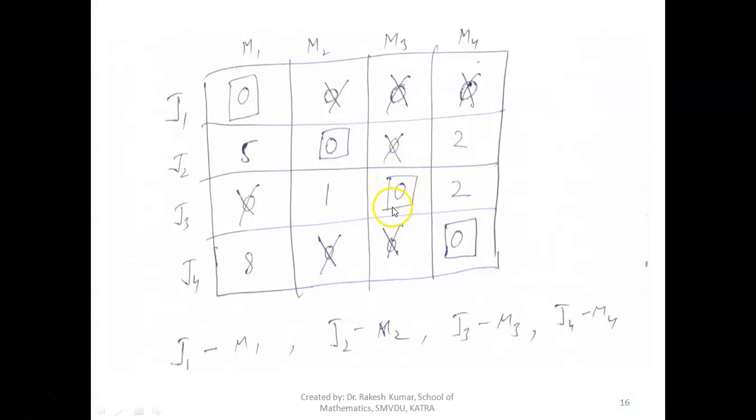So now I have only a single zero in the third row, third column, and it can be put inside the square. That is, the assignment can be done. So this is how these 4 different unique assignments are possible at this stage: J1 to M1, J2 to M2, J3 to M3, and J4 to M4.